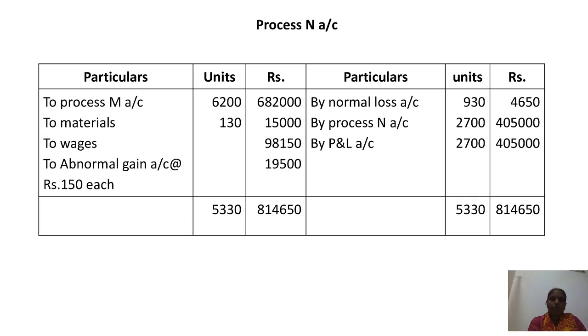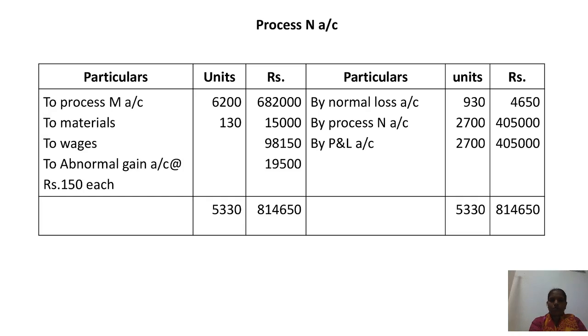Then we get the units which are transferred to the next process, that is process O. Half of the process units are sent to the next process, that is how many units are produced, 5,400. Out of the 5,400, 2,700 units are transferred. So when we multiply that, we get 4,05,000.